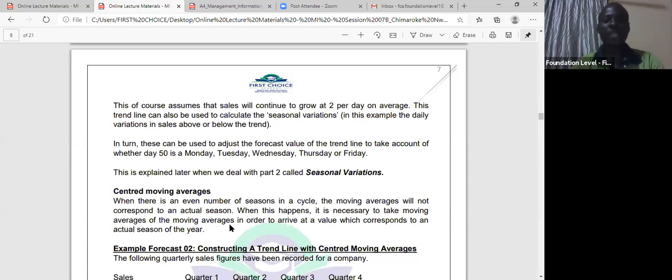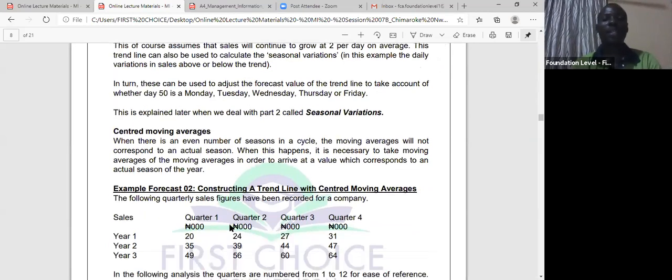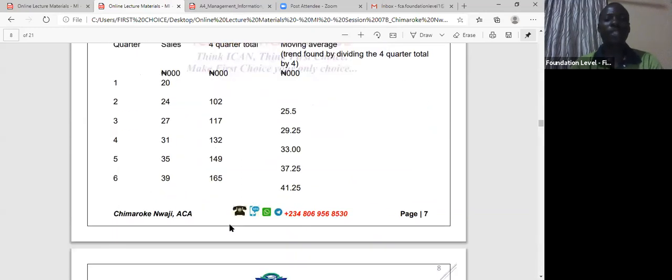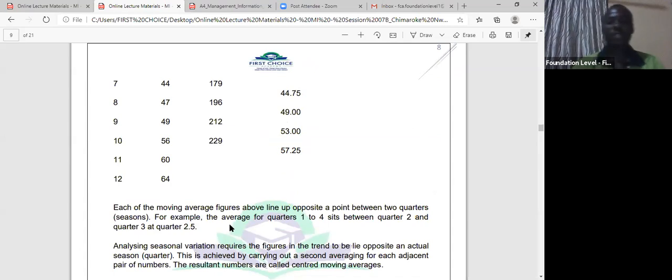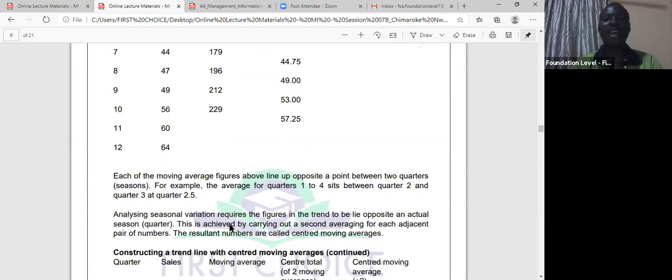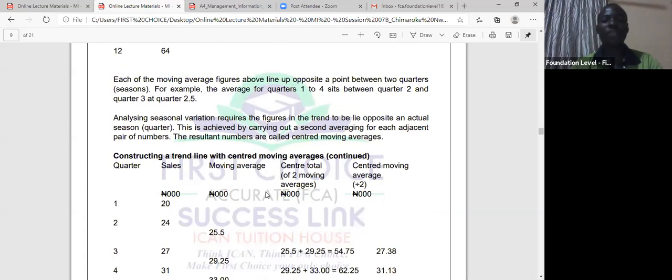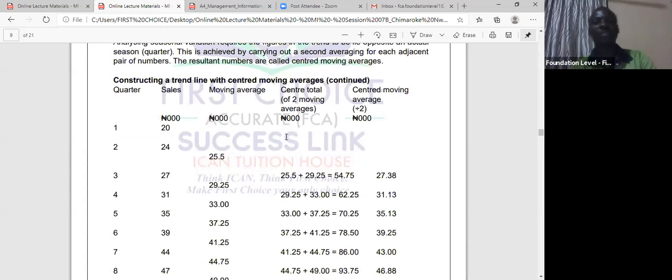So in example 1, we did it for odd numbers. In example 2, we saw the same thing using even numbers, and we applied that step number 3 to ensure that even numbers are aligned to a particular period that belongs to it by doing an average of average.